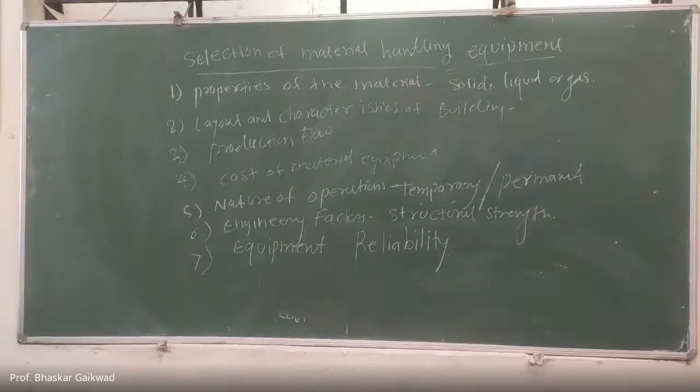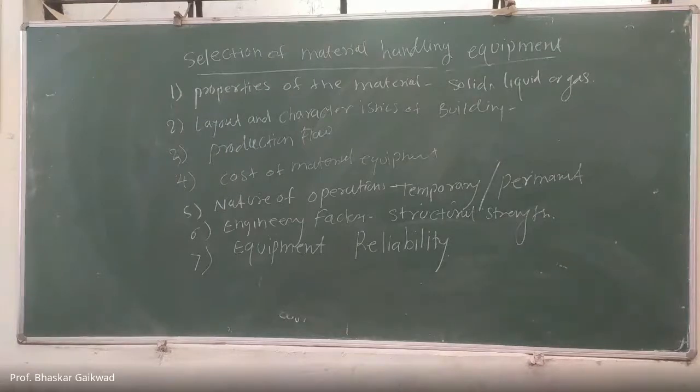Now, selection of the material handling equipment also depends upon the path, fixed or variable. For a fixed path, all types of conveyors, monorails, pulley drives, or overhead cranes can be used. So the path of material handling is also important.